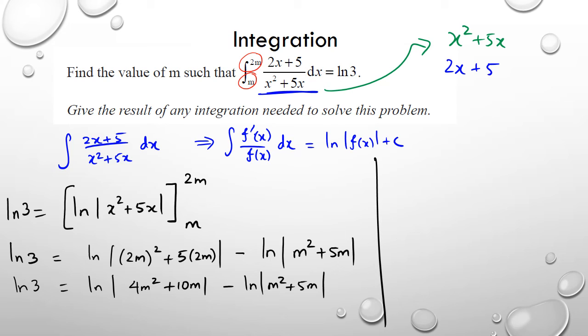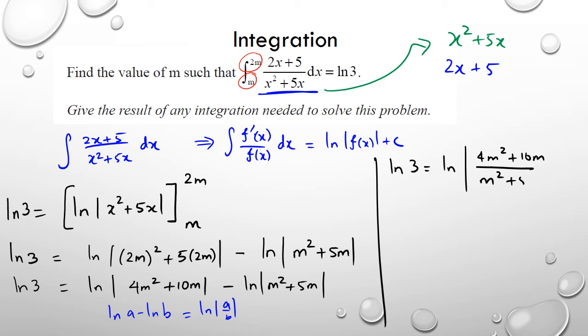I can simplify this because see how when you have two ln's, just remember, if I had ln of a minus ln of b, I could write this as ln of a over b. Do you guys remember that? So this equation, I can rewrite this as ln of 3 equals ln of 4m squared plus 10m divided by m squared plus 5m.